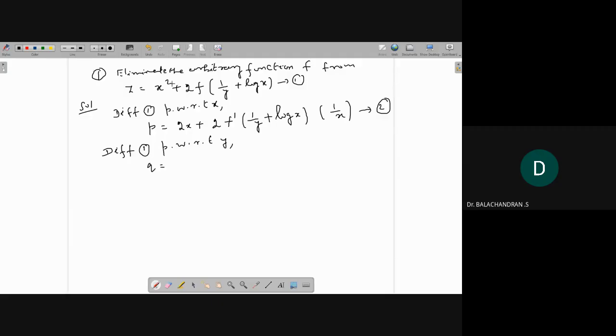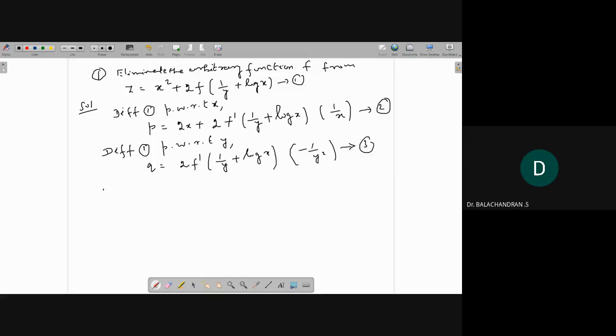Q equal to 0 plus twice f dash of 1 by y plus log x. If you differentiate 1 by y plus log x with respect to y, you will get minus 1 by y square for 1 by y, plus 0. So this is equation number 3.